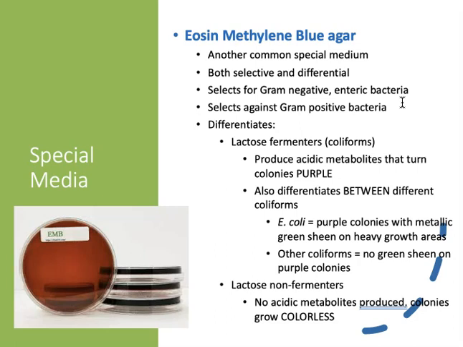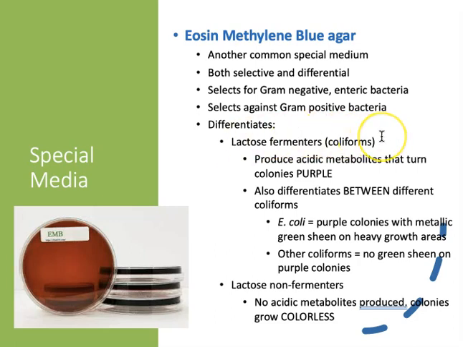What makes EMB and MacConkey agar different is what they differentiate between. Just like MacConkey, eosin methylene blue is going to help us identify lactose fermenters. But unlike MacConkey agar, EMB is going to help us differentiate a little more closely.